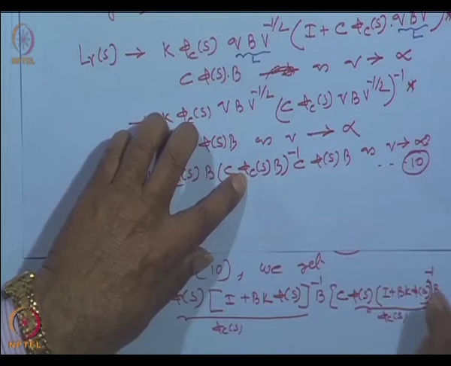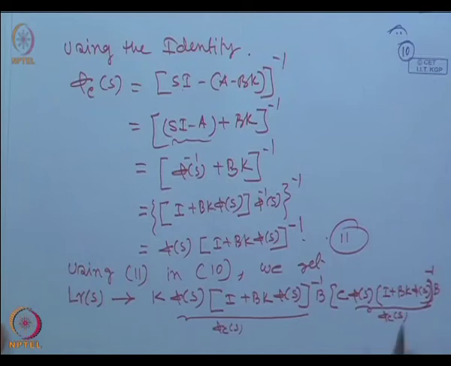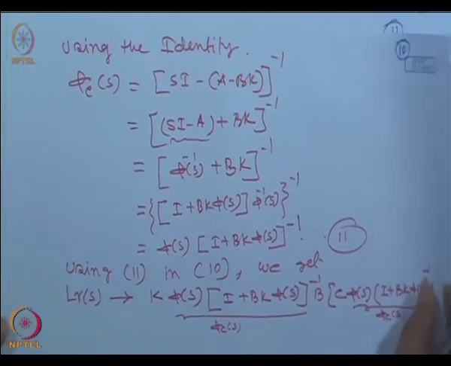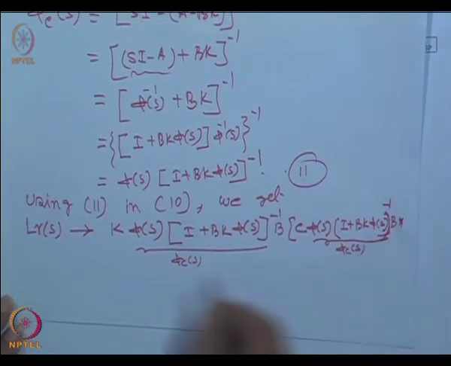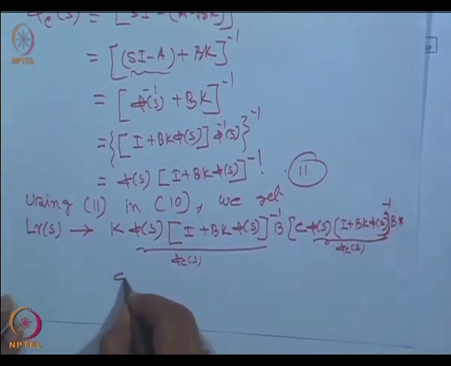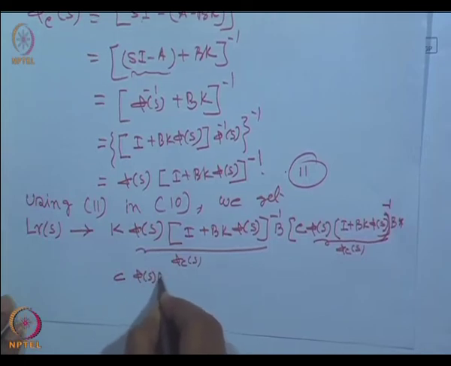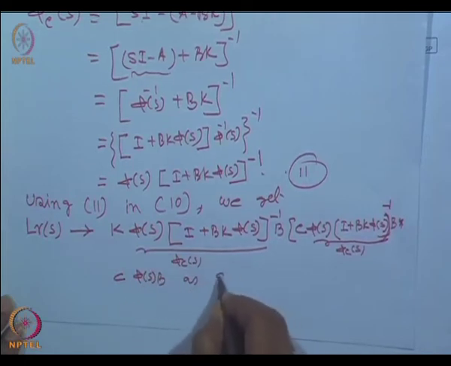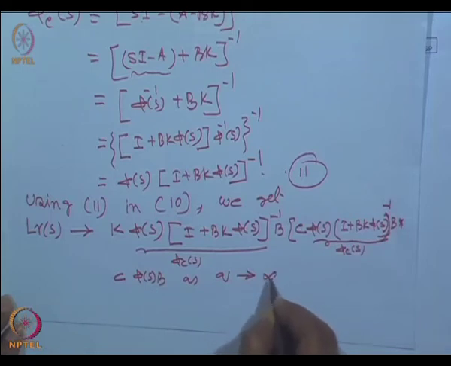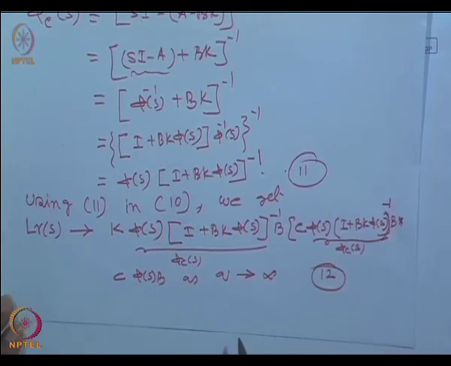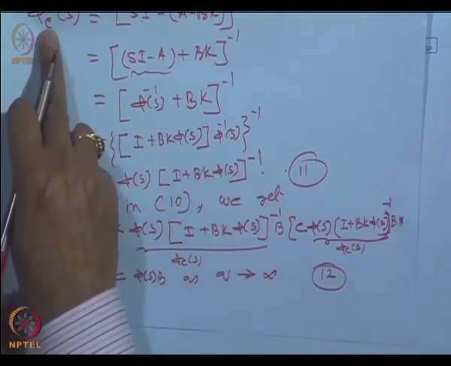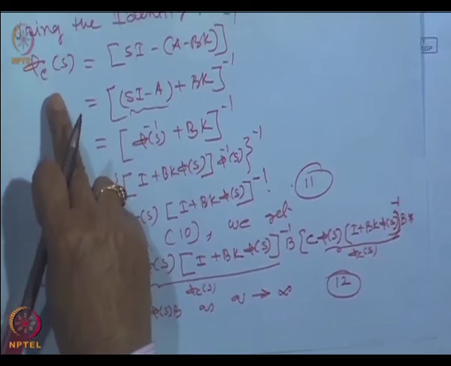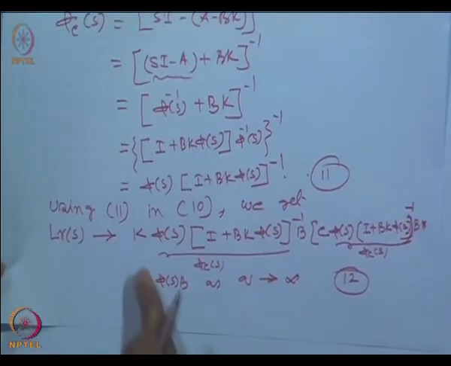Then this is multiplied by C phi S of B as q tends to infinity. Let us call this equation number 12. That means in equation number 10, wherever phi C is there, I use this expression and we got this expression.